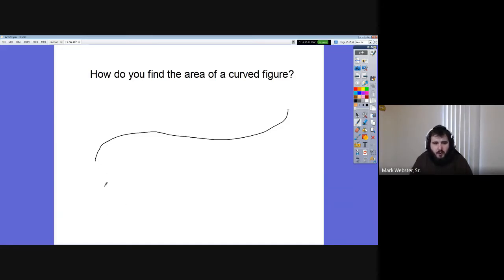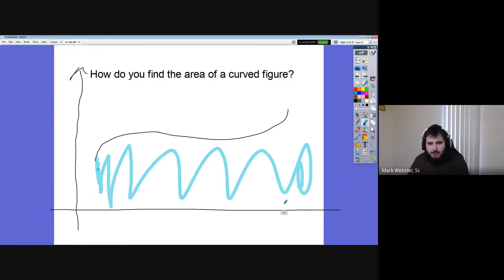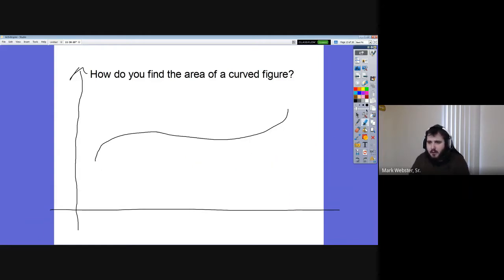Here's my curve, here's my axis. And what I want to find is this area underneath, right? Let me make that bigger. I want to find this area underneath this curve.